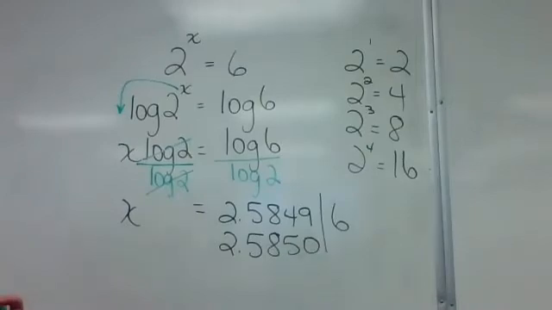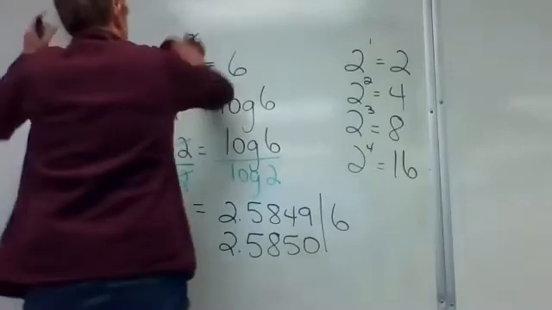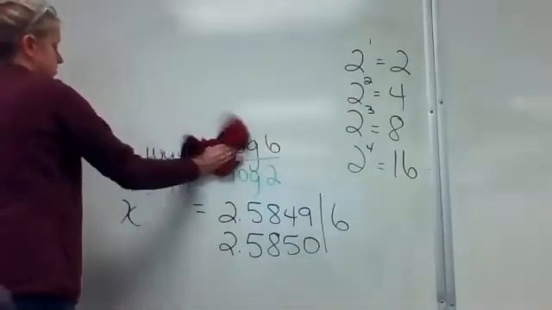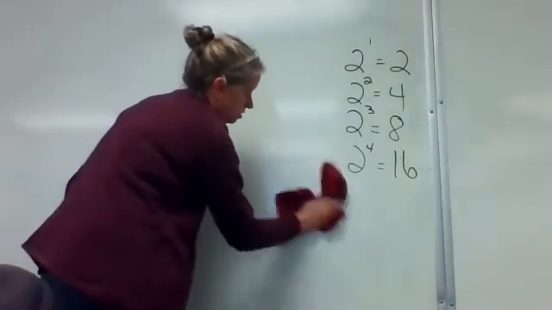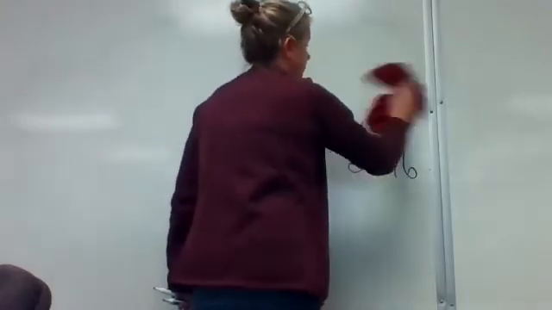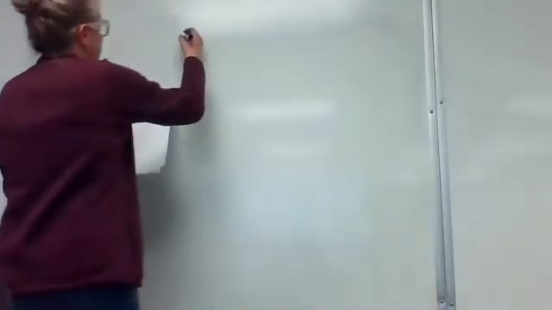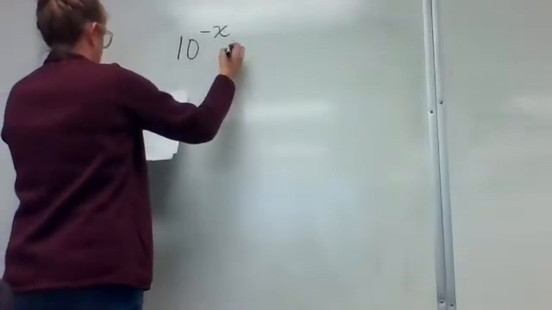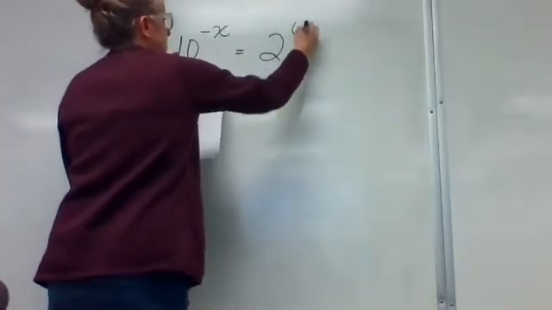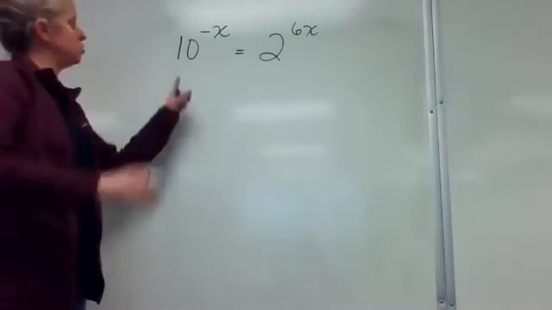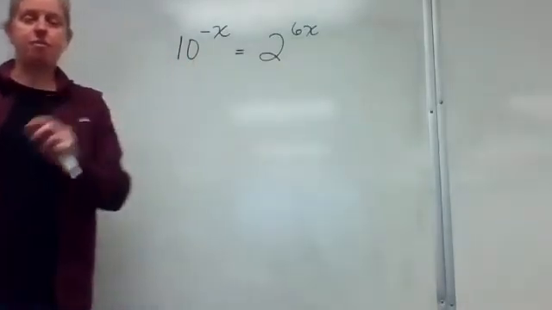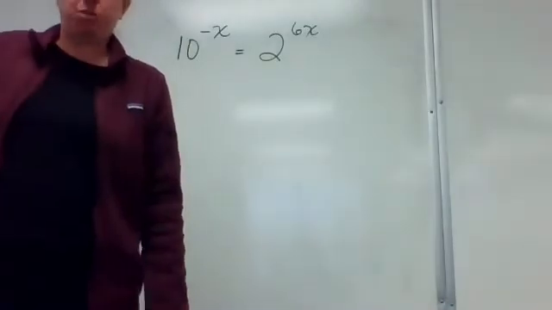Right? Number 6. All right. I'm going to have to use the log method on this one because I can't rewrite 10 to have a base of 2 using whole number exponents.